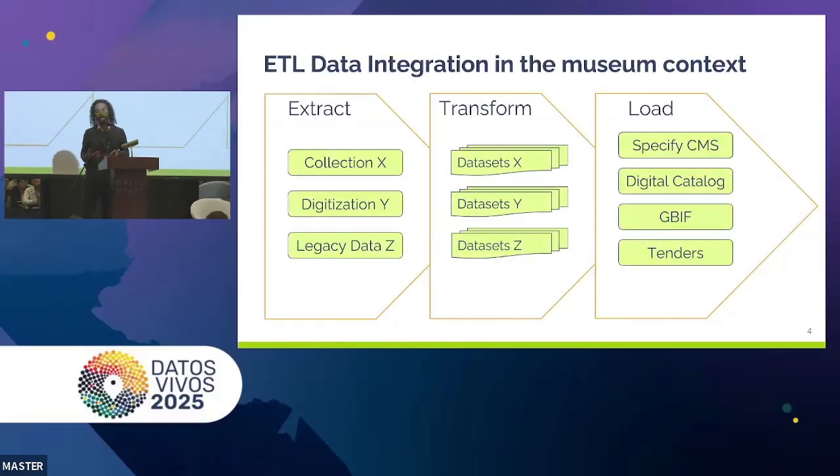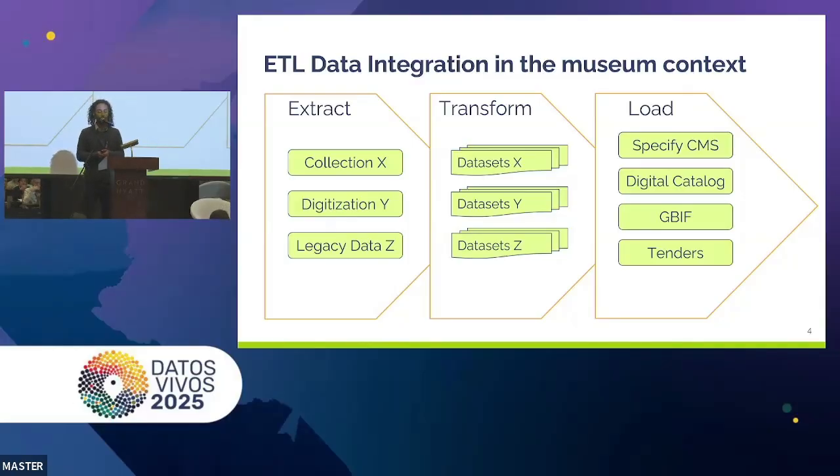So in the context of our museum, we might extract data from different collections like inventory and so on, or digitization pipelines, or some legacy data here and there, and we would like to transform them to comply with data standards and also to comply with the destination of those data, which would be the target systems we have.